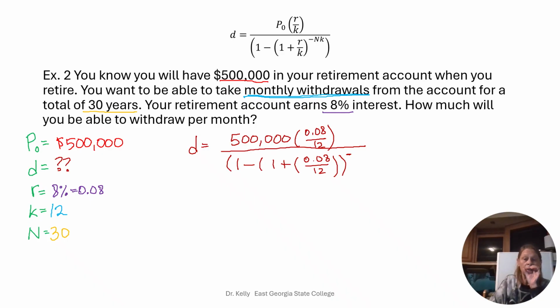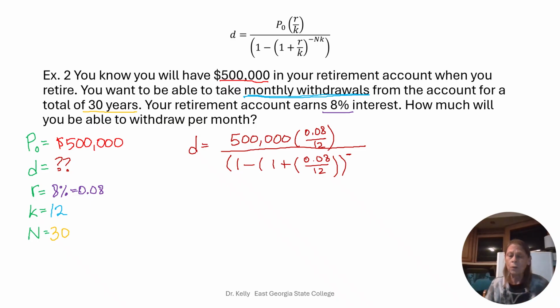Don't forget the negative. Now listen, what happens if you forget the negative? You're going to get a negative answer. The whole thing is going to be a negative number. And does that make sense, that you're going to get paid a negative payment?